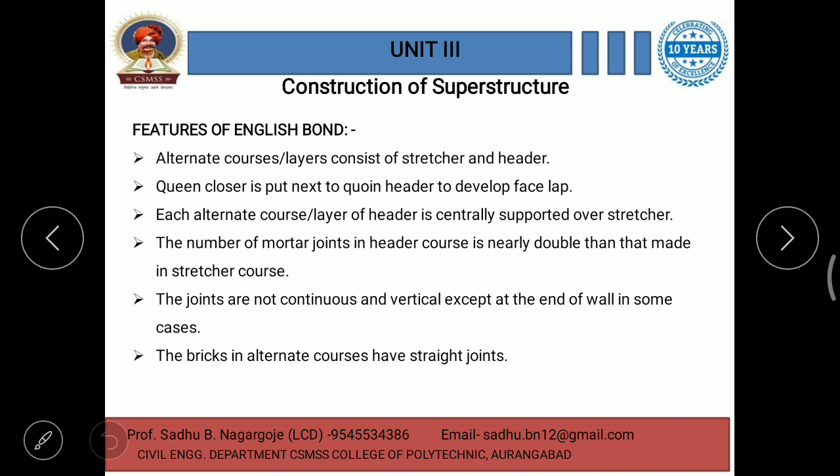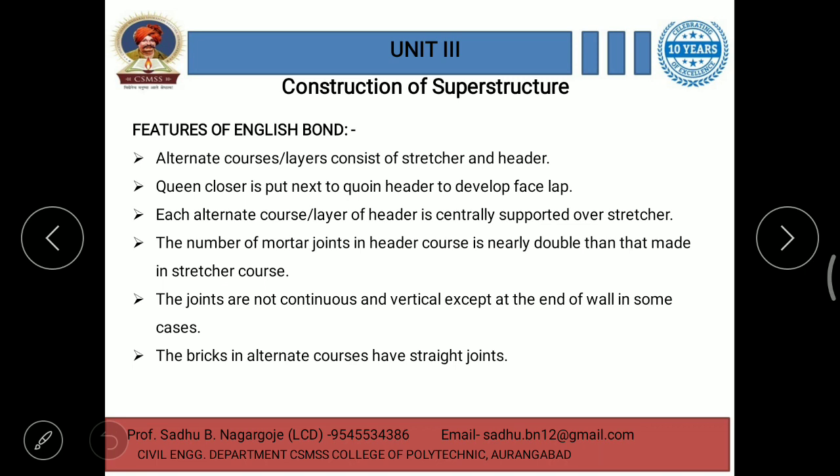Okay, the joints are not continuous and vertical except at the end of wall in some cases. Okay, this is again very important. The joints should not be continuous and vertical, except at the end of wall in some cases.